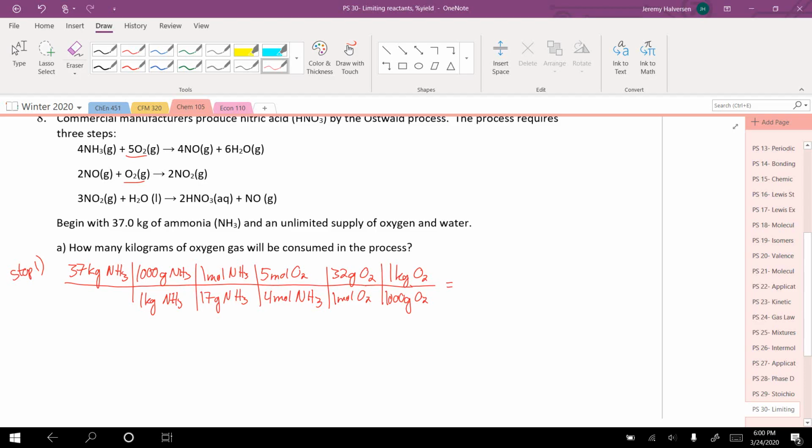In that first step, we end up using 87 kilograms of O2.